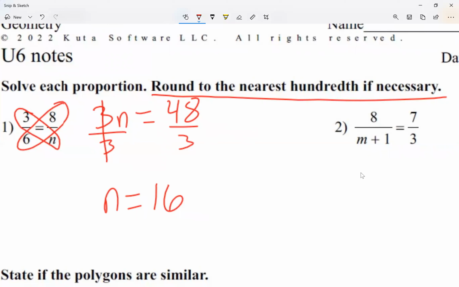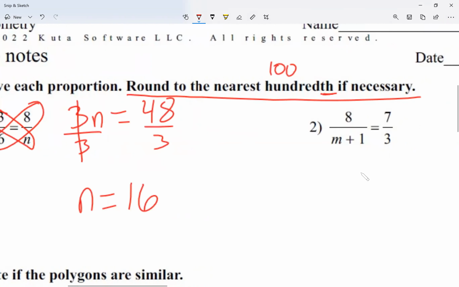Hundredth, what does that mean? Because it ends in the letters th, I know it's a decimal. Hundredth sounds like the number 100, and 100 has 2 zeros. So when it comes to decimals, 2 decimal places. So round it to 2 decimal places if necessary.